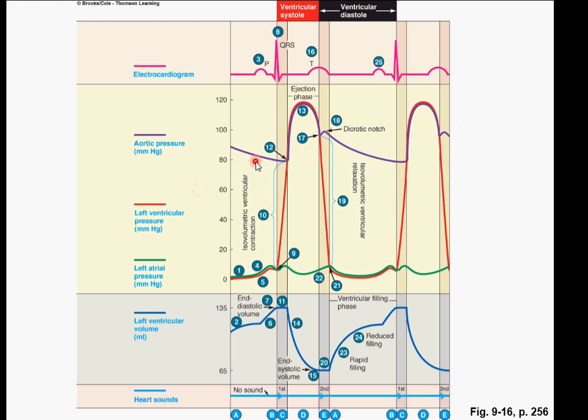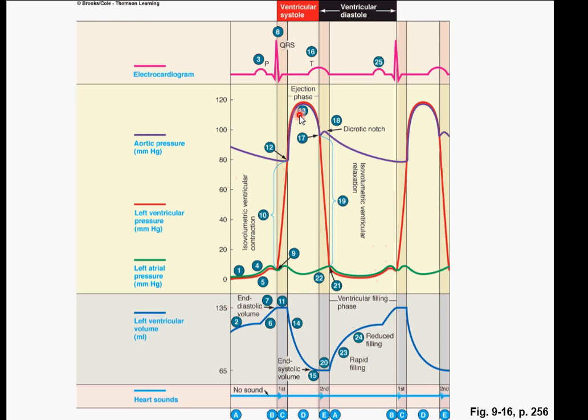Now, actually, this graph illustrates every single thing in the cardiac cycle. Understanding this graph means that you understand every single part of the cardiac cycle. At first, I will start with the ECG and walk along with the ECG and say what will happen in the heart during this period.